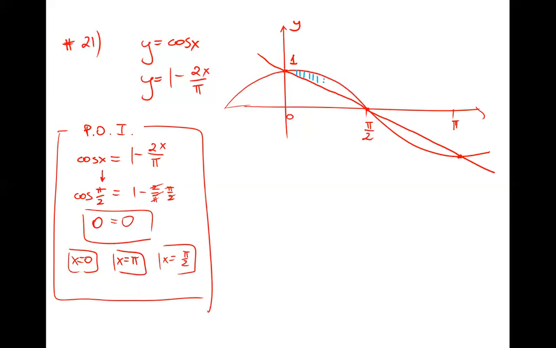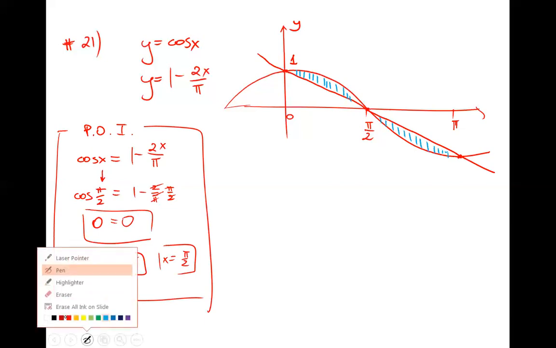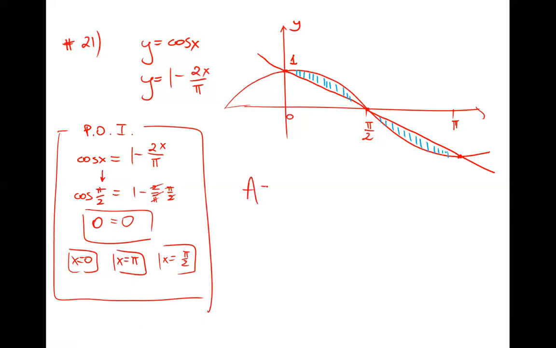And this is the loop, that part and this one. We can definitely see that it's symmetric. That means I can just set up one integral from 0 to pi over 2 and multiply by 2 to cover both parts. The top function is cosine of x, and the bottom is that line.